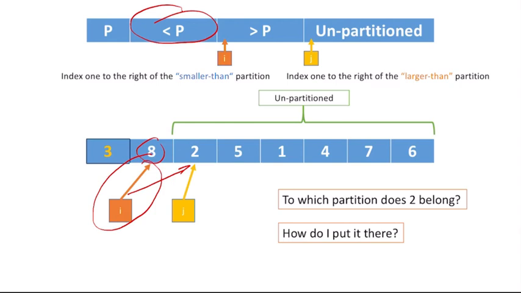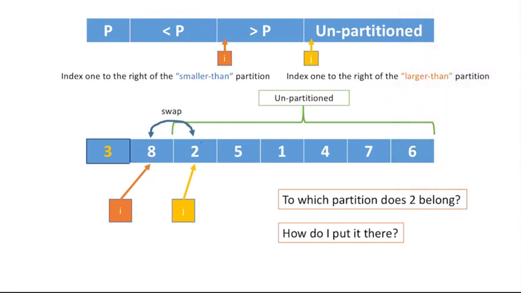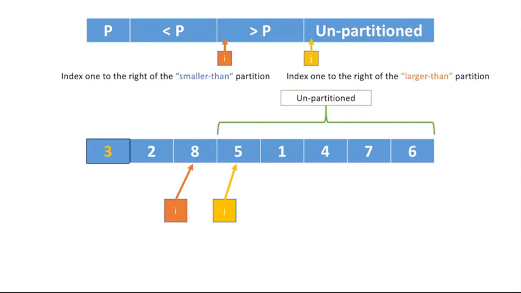So I can't just get away with incrementing i. I have to do something else. And in this case, I'm going to swap the 2 and the 8. So when I swap them, now I can just increment both of my variables. So let's take a look at our state now. i is 1 to the right of the less than partition. Well, this is our only element in the less than partition, so that's correct. j is 1 to the right of the larger than partition. There's only one element in the larger than partition, so i and j are both correct.